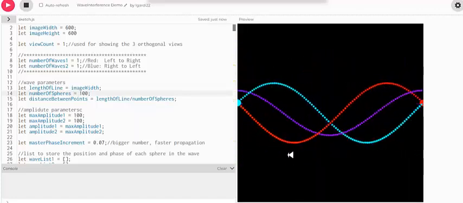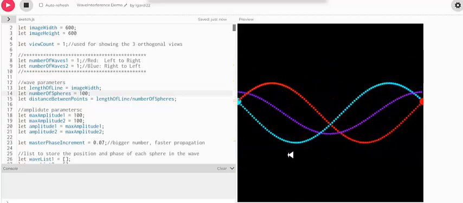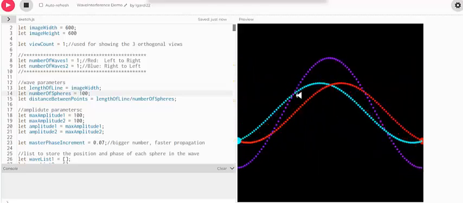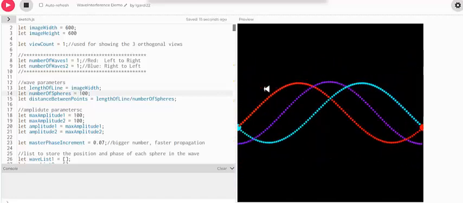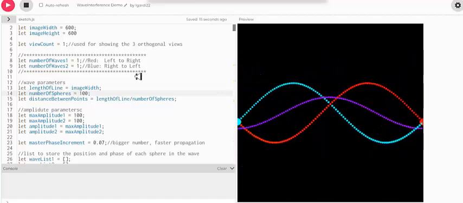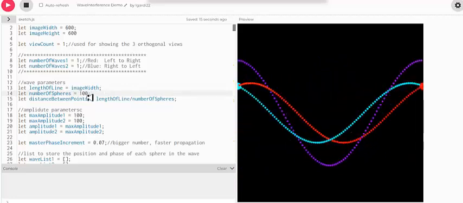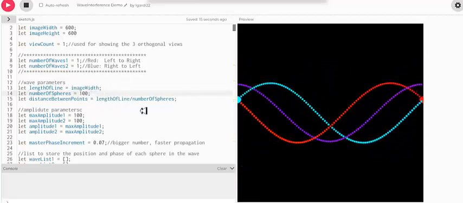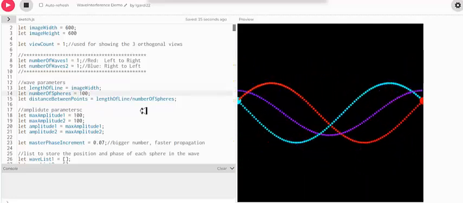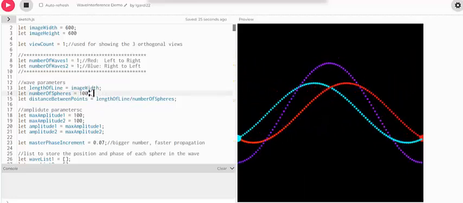And of course the animation can go much faster because I'm not drawing as many spheres. So the more spheres I draw, the slower the animation is, because it just takes longer to draw that many spheres. Okay, so this is running at 60 Hertz, and so there is going to be a limitation as to the speed of these waves depending on how many circles I draw.